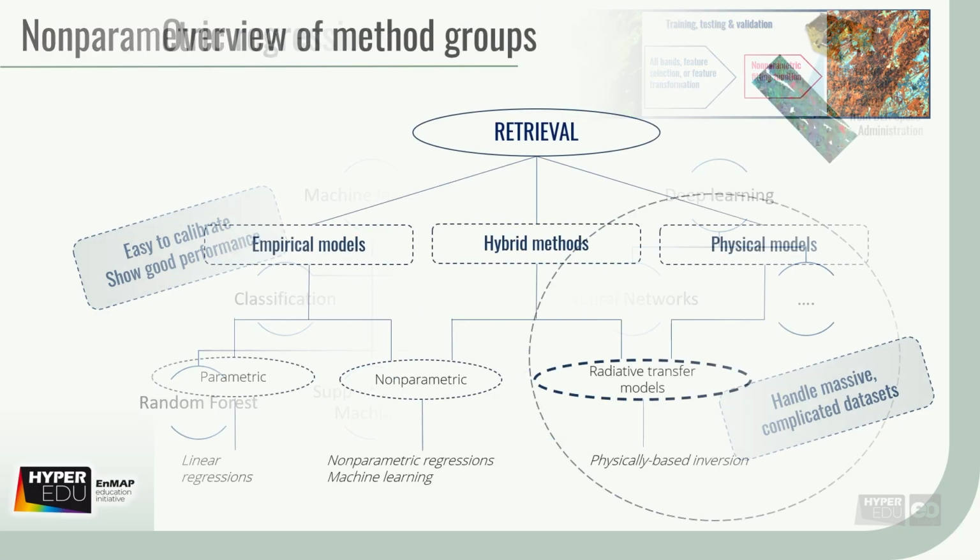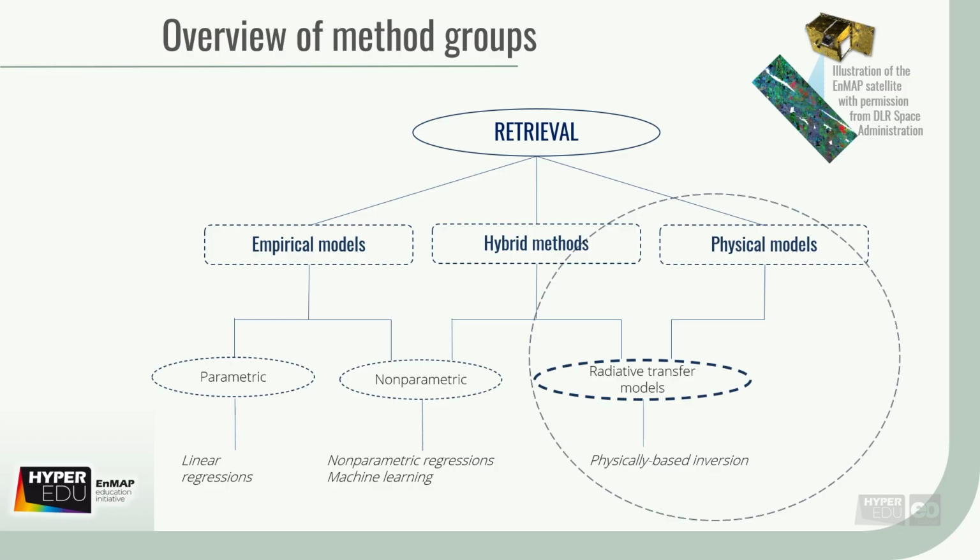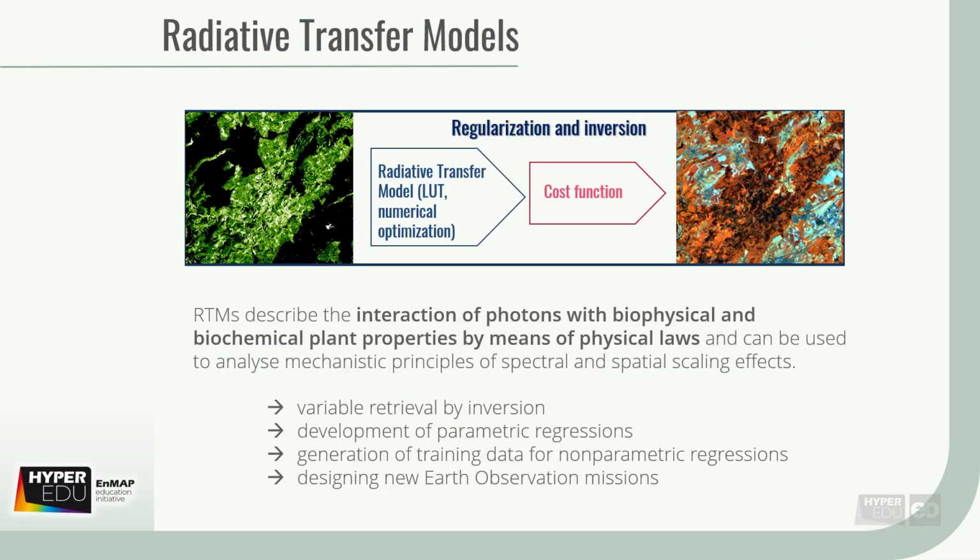In terms of physical models, here we will only discuss physically based radiative transfer models, or RTMs for short. RTMs describe the interaction of photons with biophysical and biochemical plant properties by means of physical laws, and can be used to analyze mechanistic principles of spectral and spatial scaling effects.